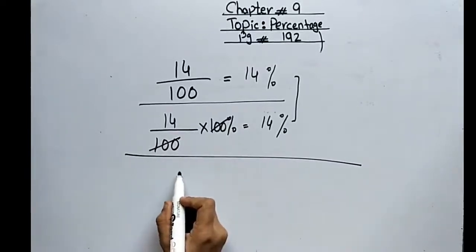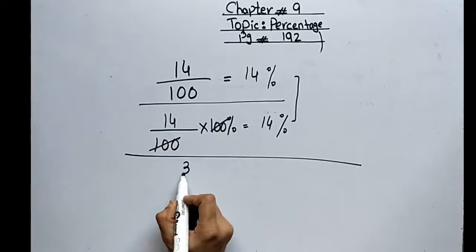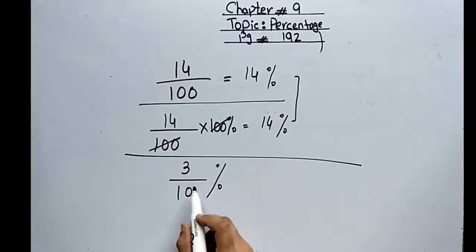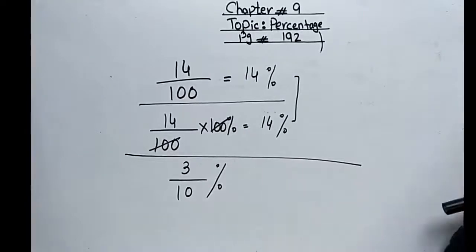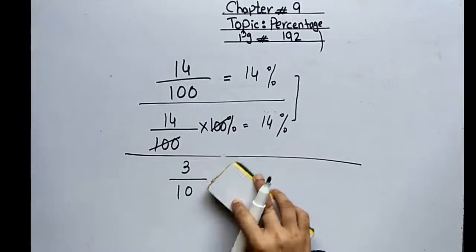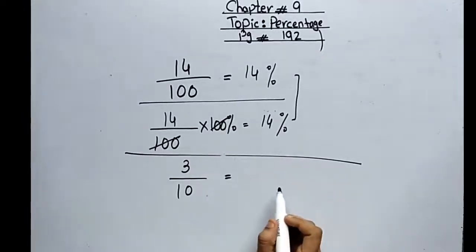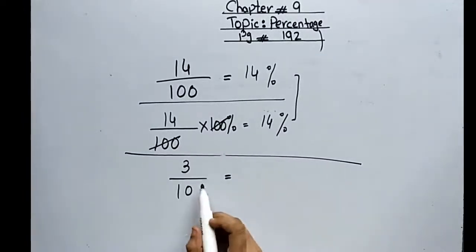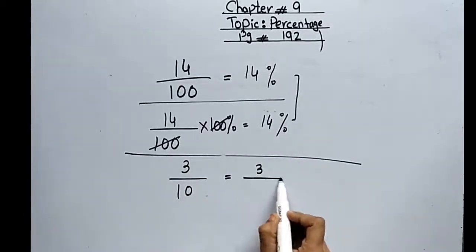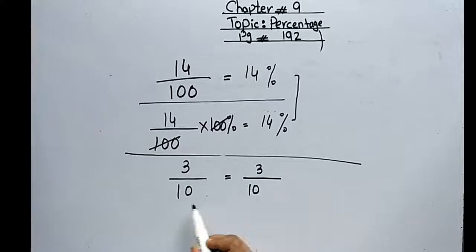Now this is situation 1. If you have this type of situation, let's suppose 3 by 10, how can we find the percentage of this fraction number? According to method 1, we will make 100 in the denominator.